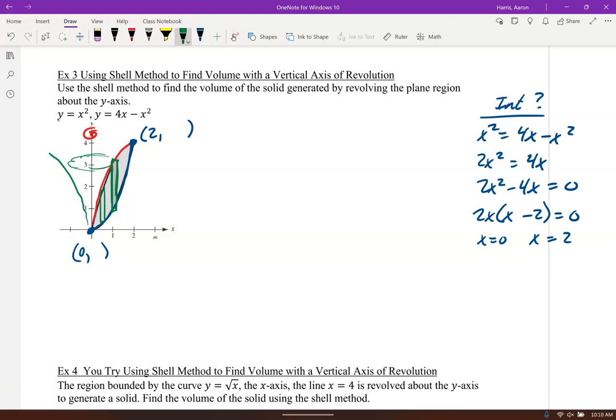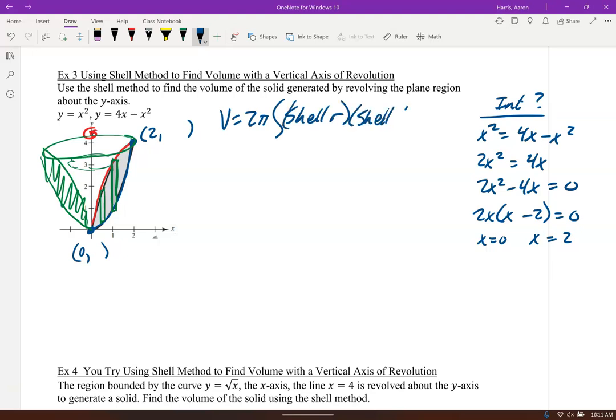I can't draw these things, but I'm trying to draw that thing being spun around, right? All those cylinders being added up. So let's go ahead and do the shell method. I got 2 pi shell radius, shell height from A to B.